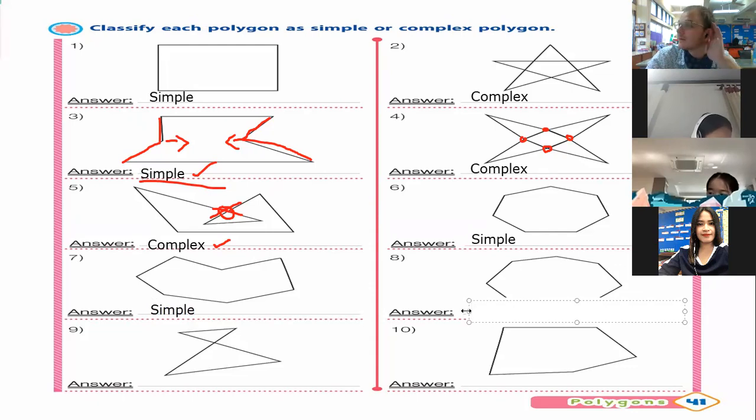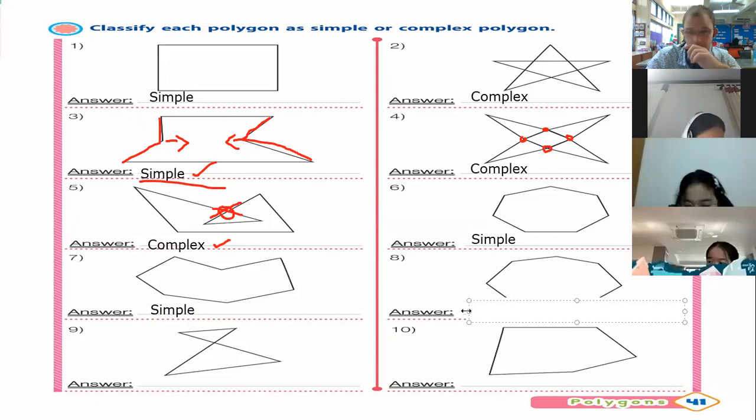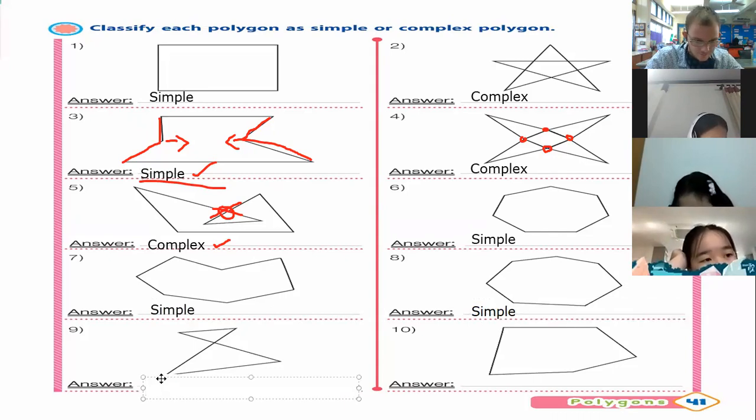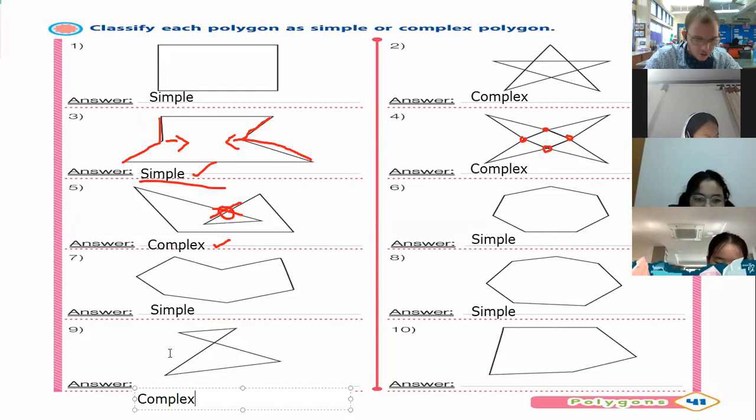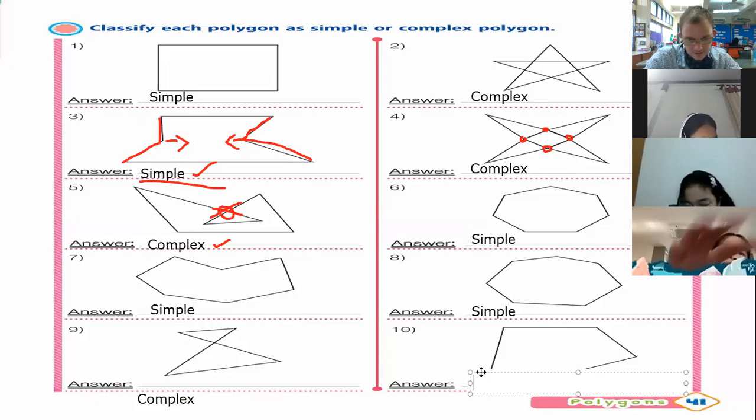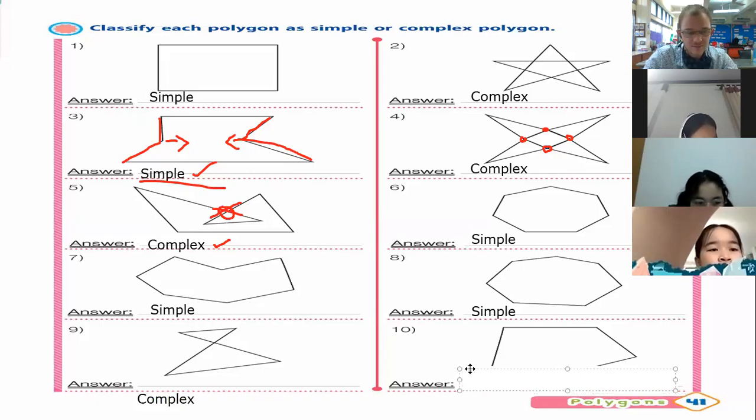Simple or complex? Simple. Excellent. Number 9. Complex. Number 9 is another complex one. Excellent. Why? Because we can see the crossing of the lines. How about the last one, number 10? It is simple.